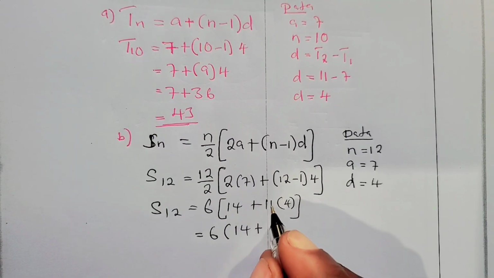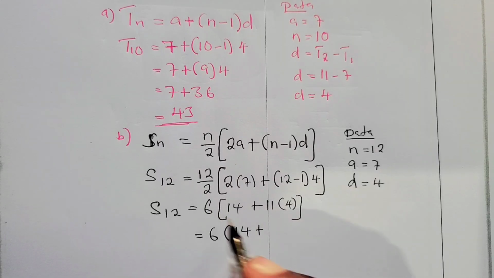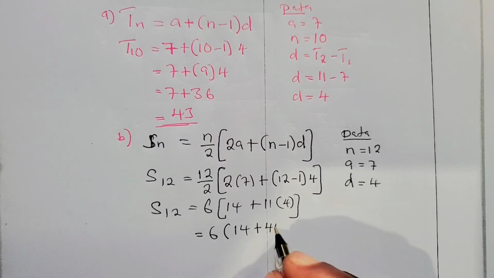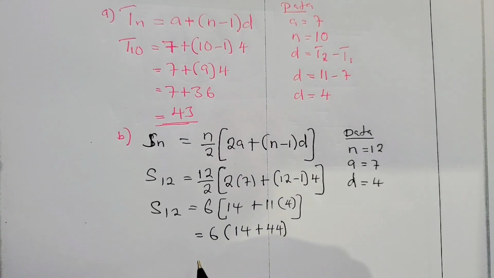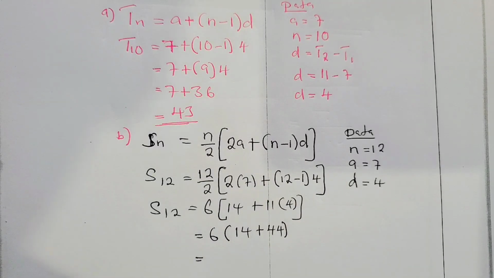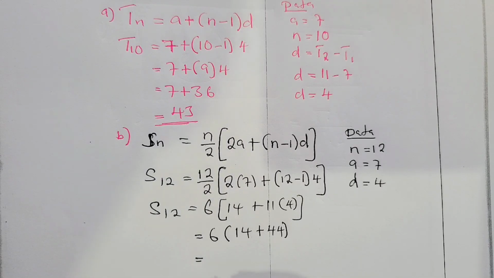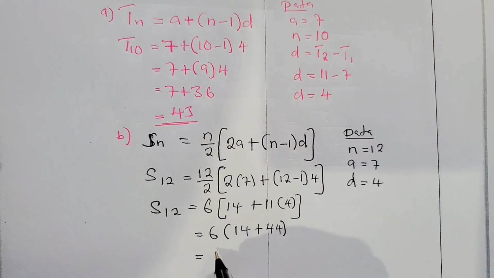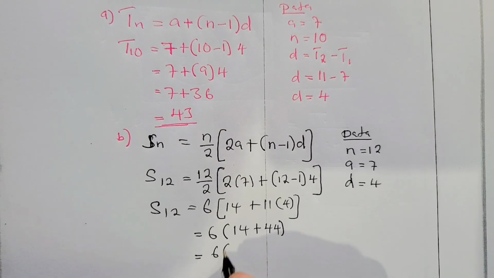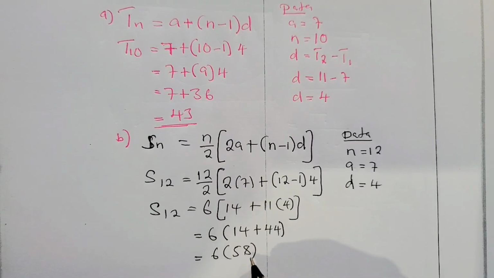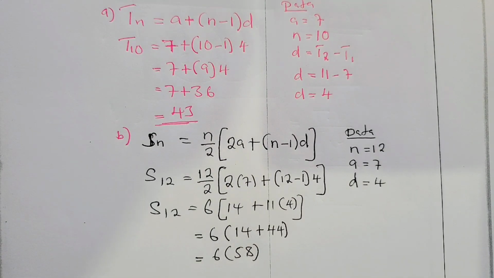Here we can't add because we're multiplying. First multiply, that's when you're going to add. So this is 44. Then we have 44 plus 14, we're going to have 58. So 6 times 58.